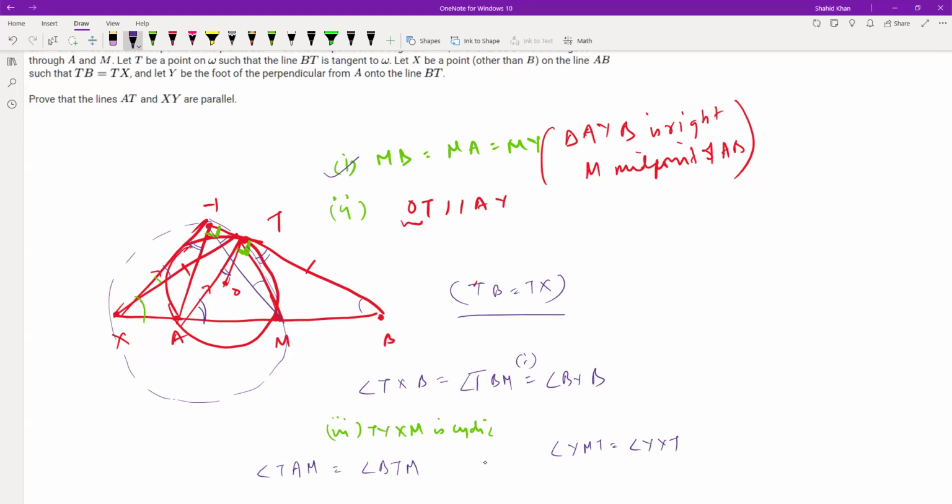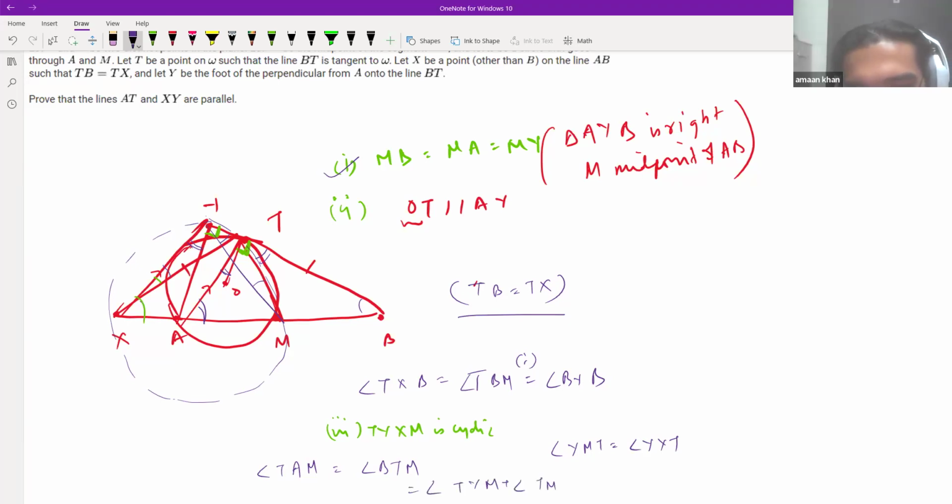Angle BTM is equal to angle TYM plus angle TMY, the exterior angle in triangle YTM. So from here, angle YXA is equal to angle TAM.